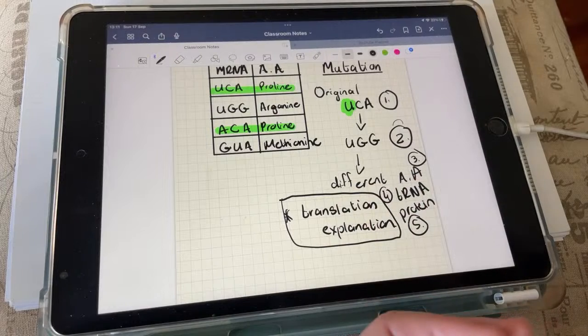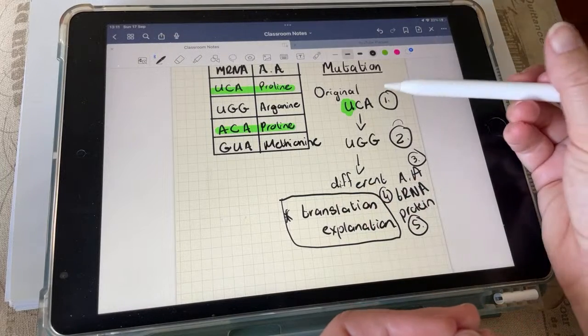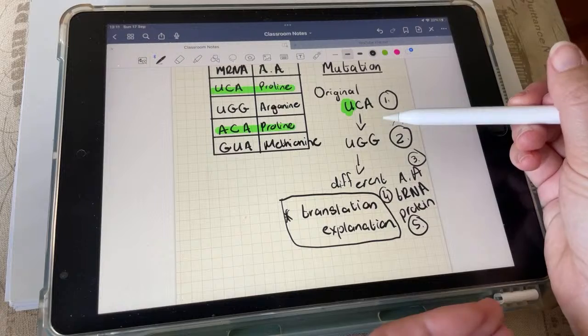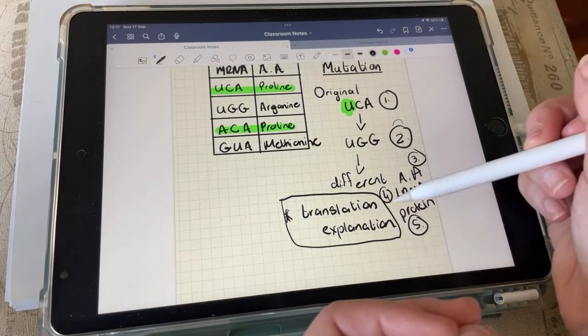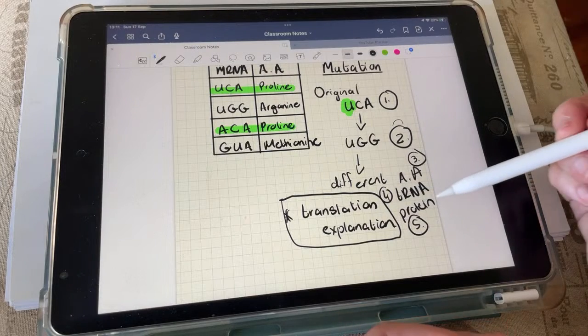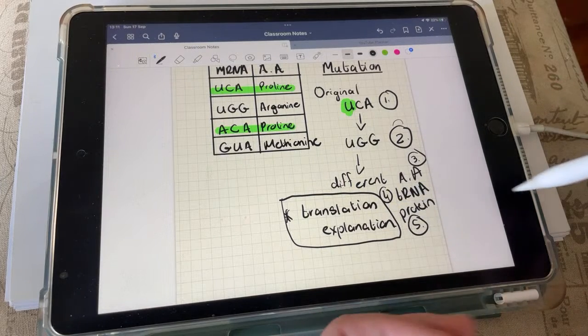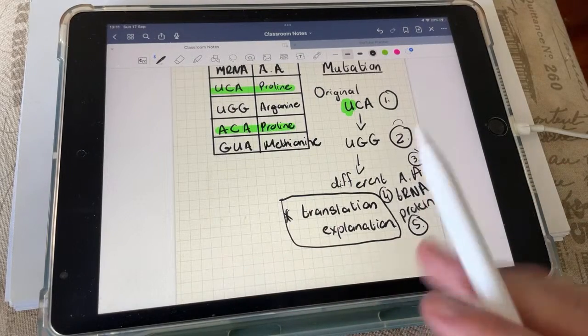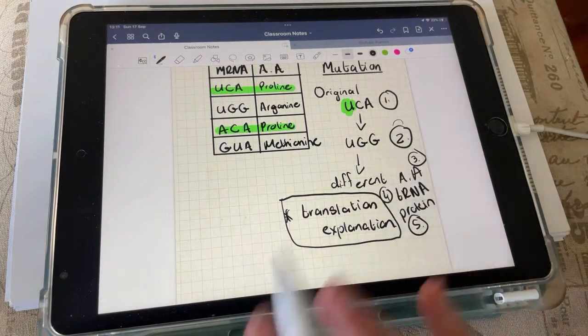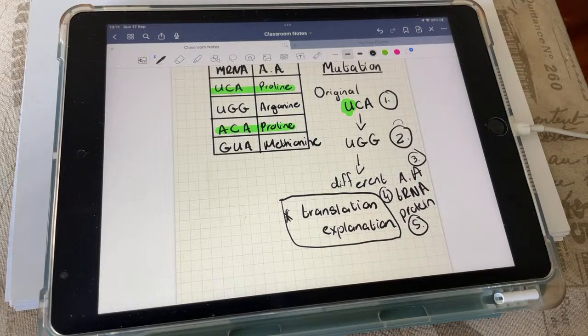The negative answer is when you are saying this has changed to this, therefore a different amino acid is dropped off because it's a different tRNA, and therefore we will make a different protein. Mutations are one of the most common ways they like to examine DNA and DNA replication. So I would expect one of these tomorrow.